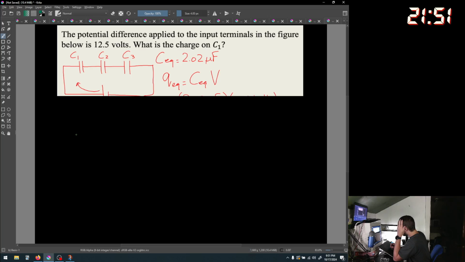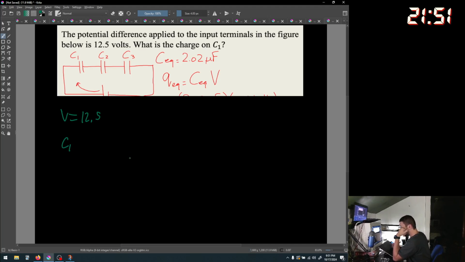Potential difference applied to the input terminals on the figure below. We have V equals 12.5, and we have to find C1.